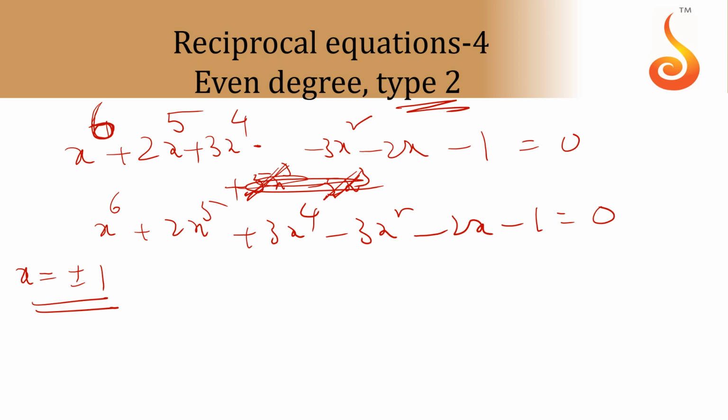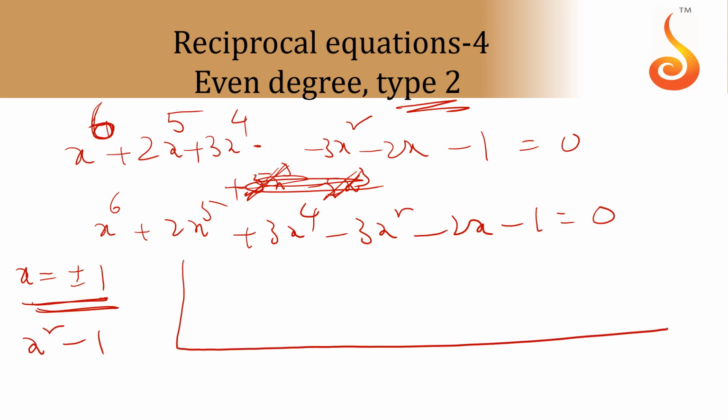What will happen if we do synthetic division with this x square minus 1? So what is the quadratic with x plus 1 and x minus 1? X square minus 1. If you do the synthetic division, so 1, 2, 3, 0, minus 3, minus 2, minus 1. You know with sum and minus product. So what is the sum?